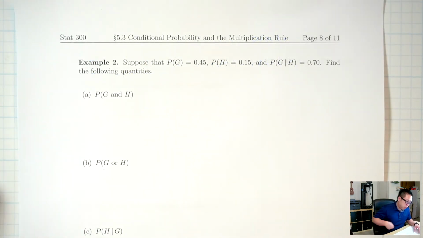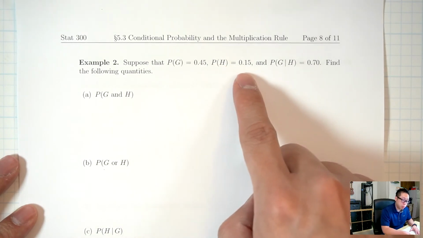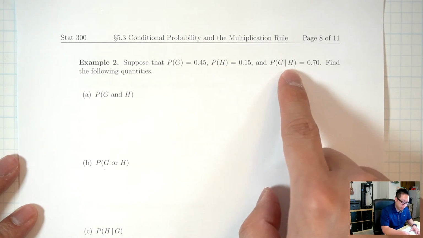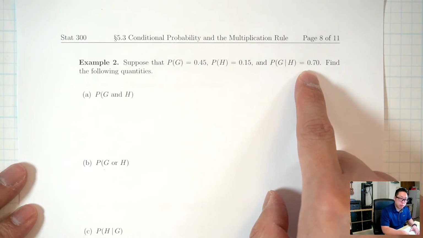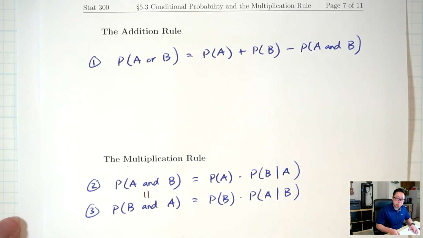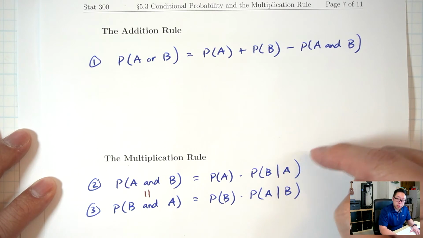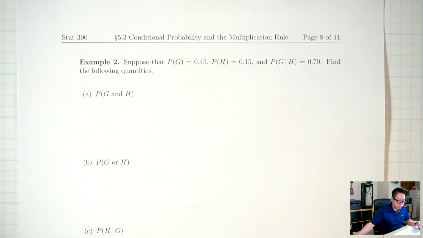Example 2. Suppose that the probability of G is 0.45, probability of H is 0.15, probability of G given H is 0.70. Find the following quantities. I don't have a table, so I have to rely on those formulas on the previous page. So what I'm going to do here is, these formulas are written with A's and B's. This problem is asking about G and H's.